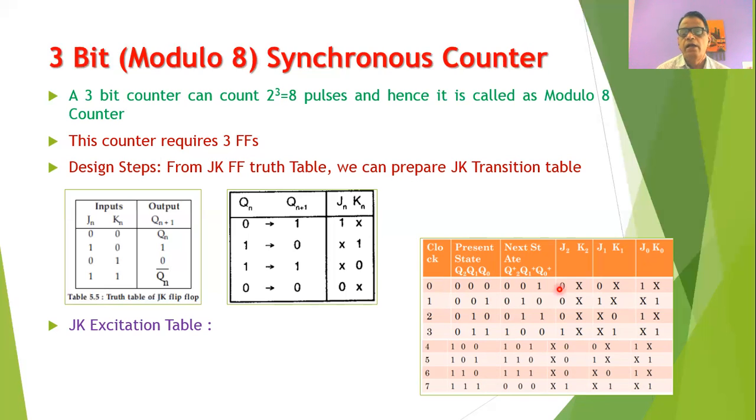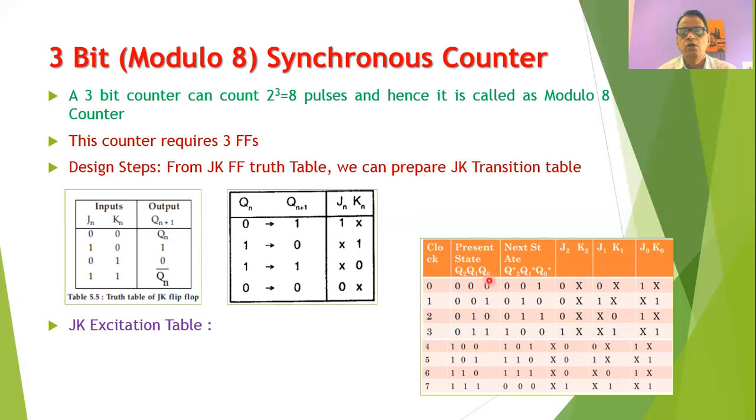Now you can make the entries for the columns J2, K2, J1, K1 and J0, K0 by making use of this transition table. One can easily observe that Q2 is making a transition from 0 to 0, and for 0 to 0 there is an entry 0X, and therefore I will write for J2, K2 0X. Similarly, for Q1 there is a transition 0 to 0, therefore I will make an entry 0X for J1, K1.